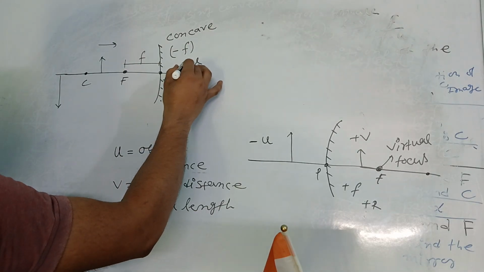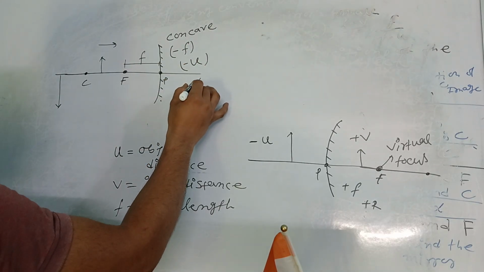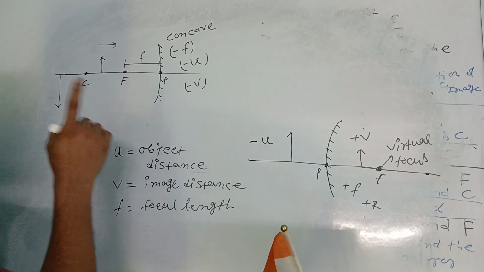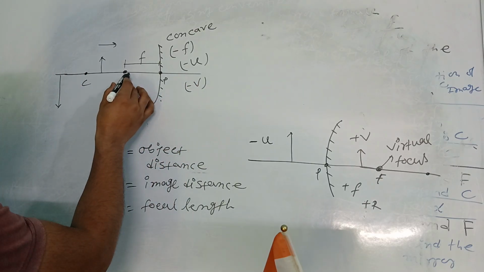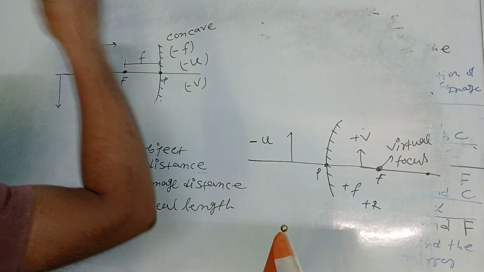For concave, f is negative. Then u is always negative, v is negative, except if the object is placed between p and f, when we get a virtual image.